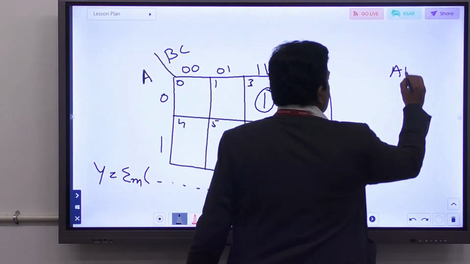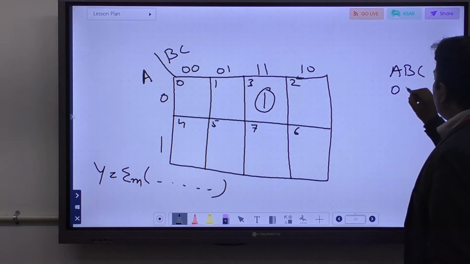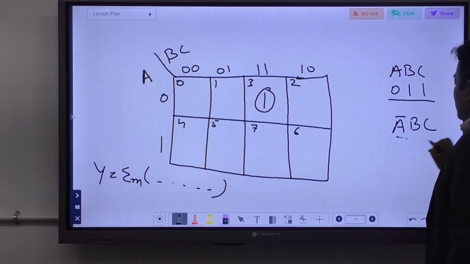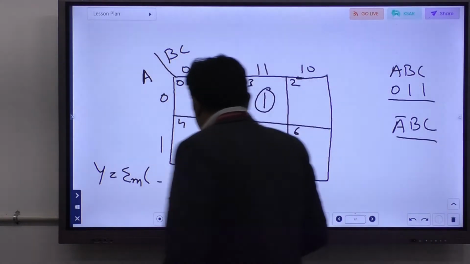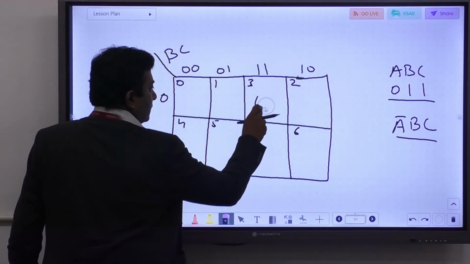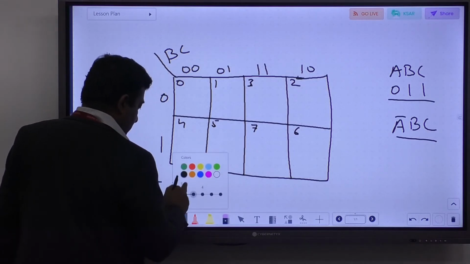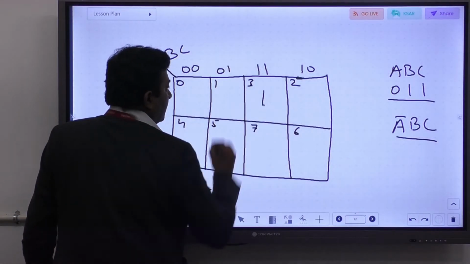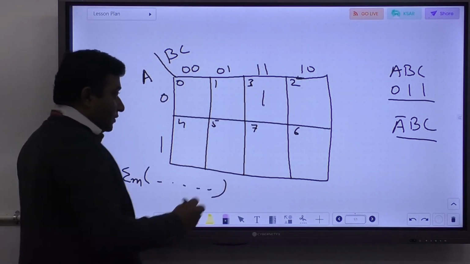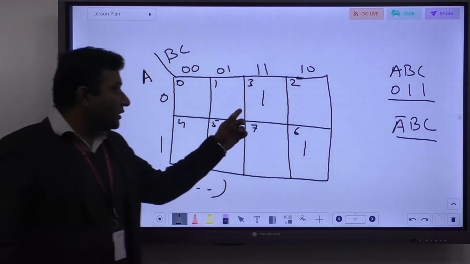You write 0, 1 and 1 and your output would be A bar, B and C. But in case you have got two minterms, one at 3 and one at 6, you can generate two singlets.